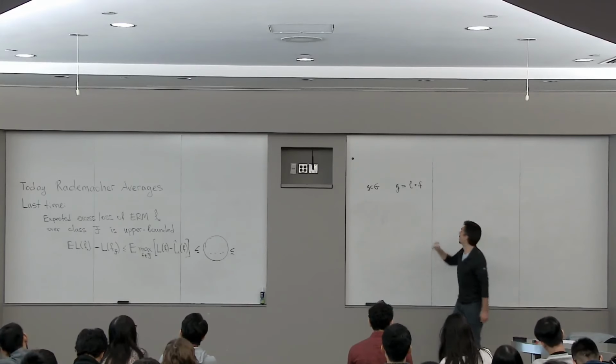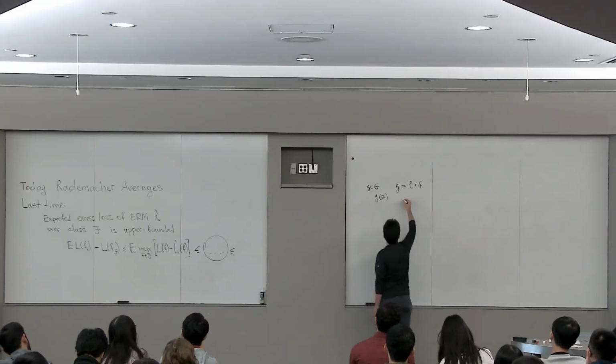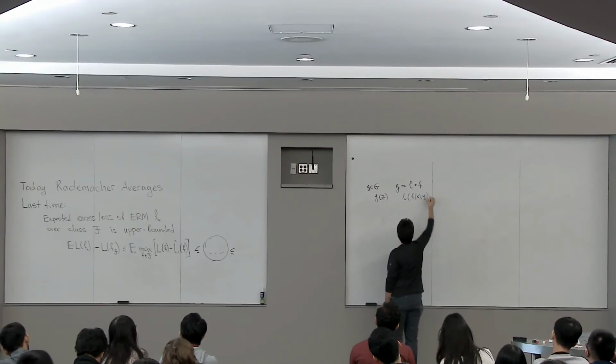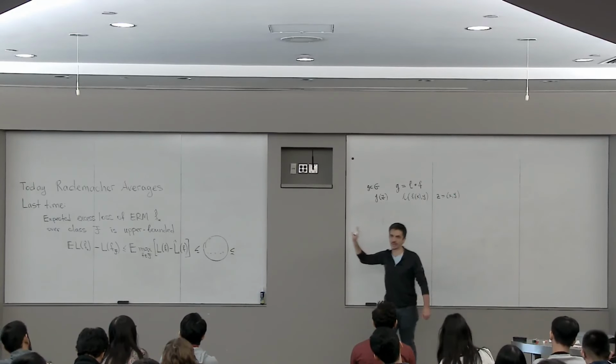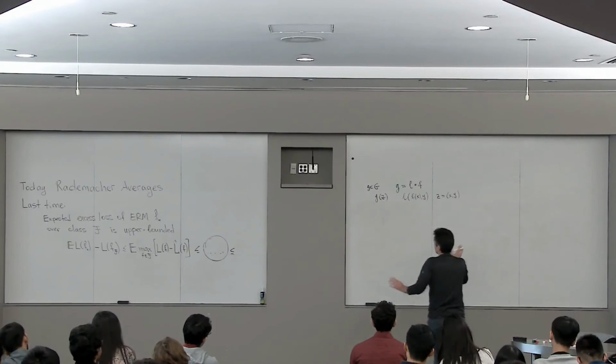So I'm thinking of g of z as the same as the loss of f of x, comma y, where z is x comma y. I want to abstract away the fact that there is even a loss function. I can just say there's some function g.